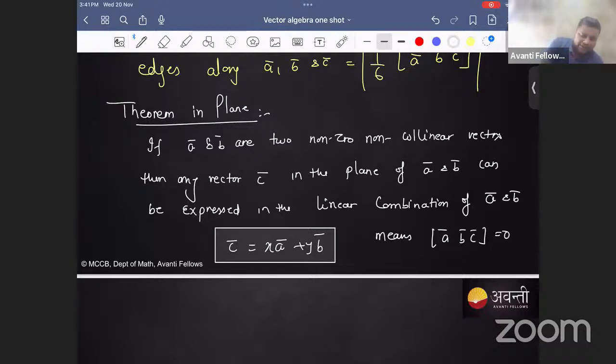Got it? So if box ABC is 0, any vector can be written as a linear combination of the other two vectors. Am I clear?